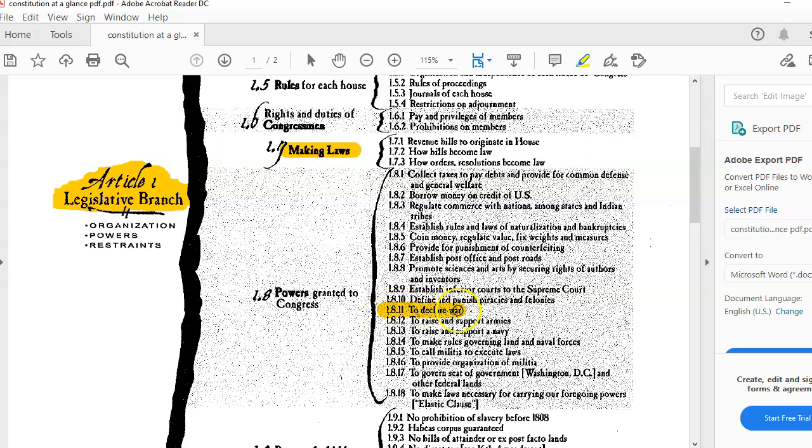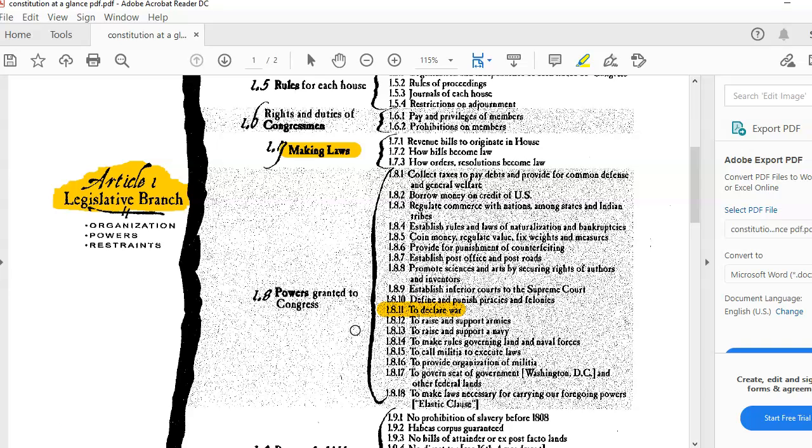1.8.11 to declare war. Congress really is the only branch that has the ability to declare war. Most people think it falls to the executive branch or the president, but Congress is the one who will actually say, we will allot this much money to have a war.